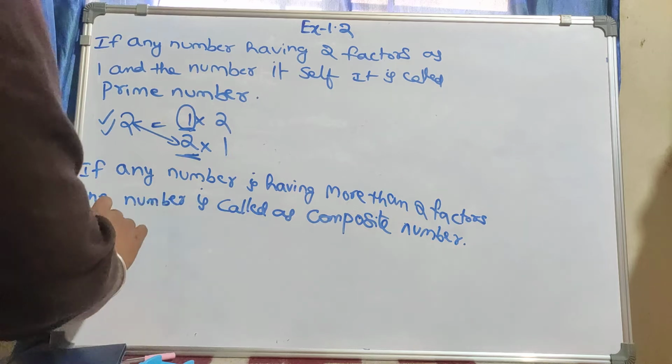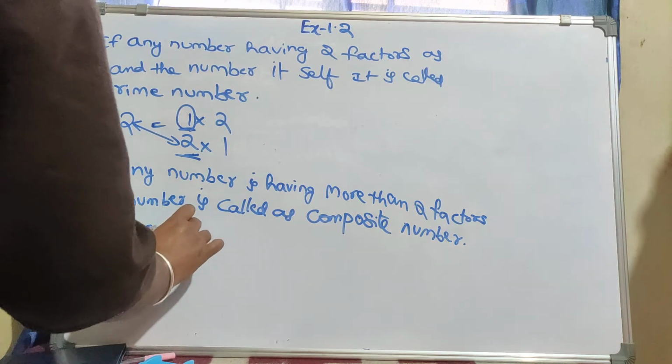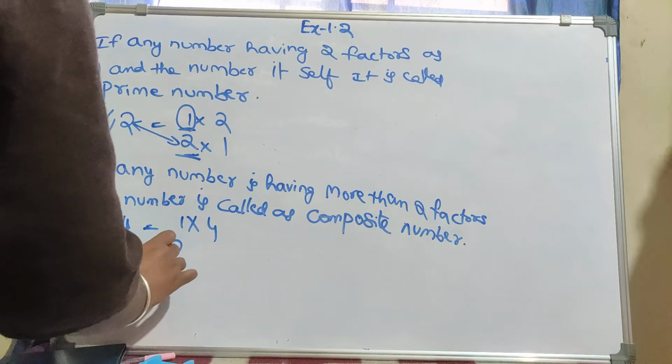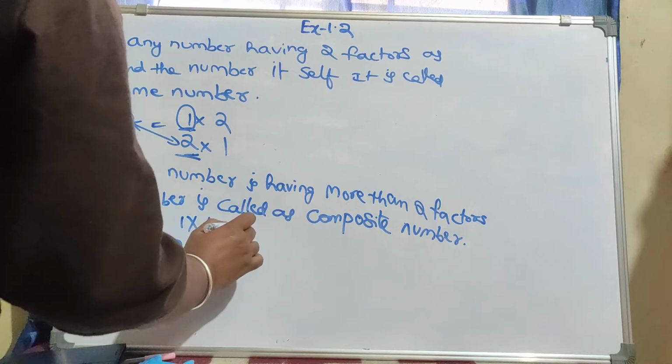Example, we have 4. 1 four is 4, 2 twos are 4, 4 ones are 4.